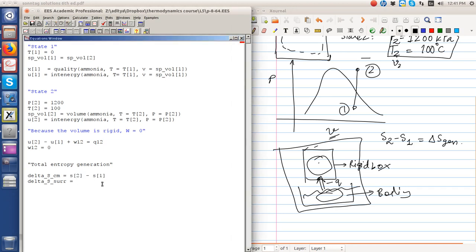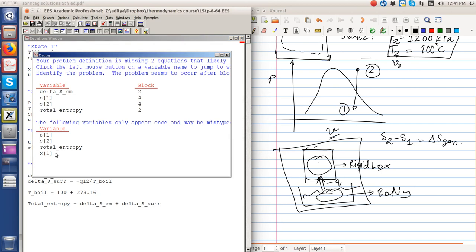This will be equal to minus Q12 divided by T boiling, where T boiling is 100 degrees Celsius plus 273.16. The control mass changes its state from 1 to 2 because of the heat transfer. The change in entropy because of this finite temperature difference is accounted in this term. So the total entropy change is delta S control mass plus delta S surroundings.